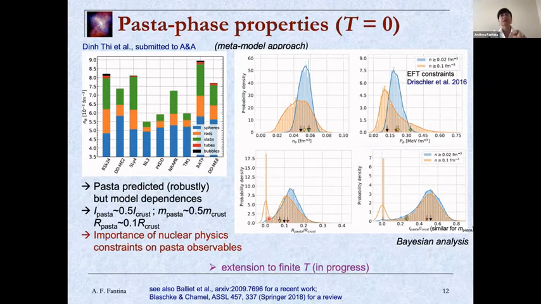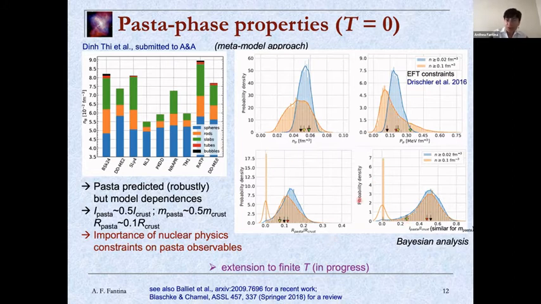Typically, when one speaks about global properties of neutron stars, it is the high density that counts the most. But for crustal properties, the low density also counts. As I said, these are zero temperature results, but finite temperature is in progress.